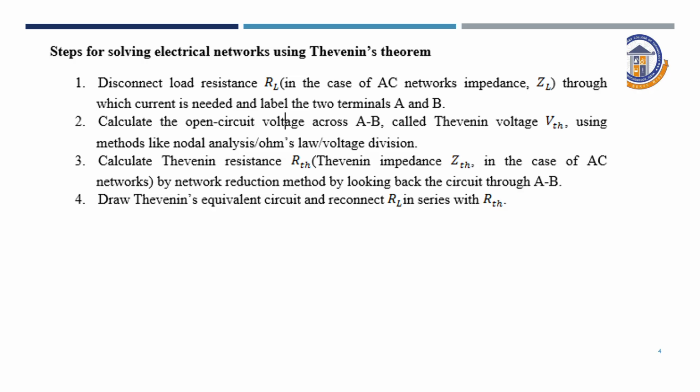What I do is short the path of terminals AB, and measure the current flowing through the short circuit path. That current is my Norton's current. So Norton's current is in parallel with the Norton resistance. In this case, the entire circuit is replaced with a current source in parallel with the resistance.